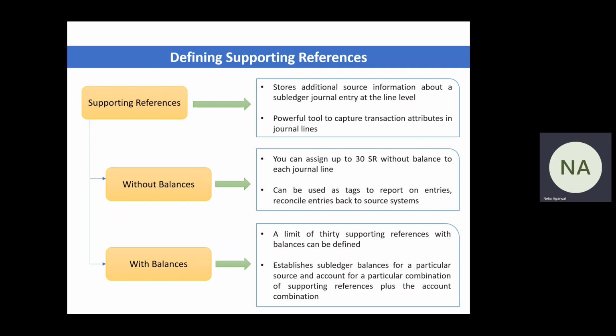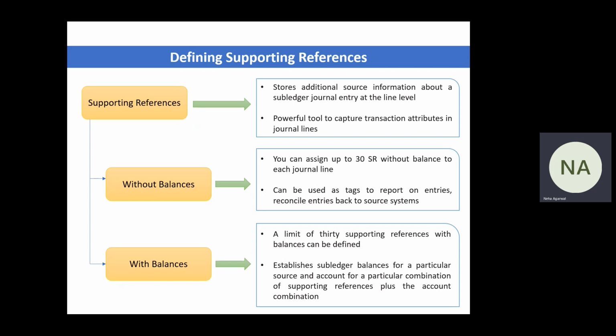We define supporting references once and then we can reuse them by assigning sources of different event class or source systems to the same supporting reference. Means you can just create the supporting reference and then you can assign it to various source systems and their event class. Means you need not create it again. Like if I have created customer, I can use it across the application and all the source systems.